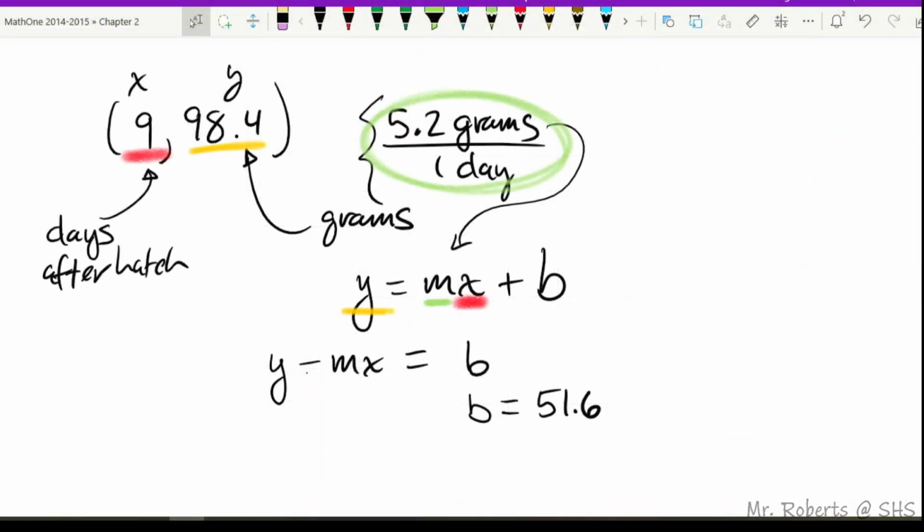On this screen you can see that if I'm given a point and a slope, I could definitely figure out the equation of a line. And there are some other things we could do as well.